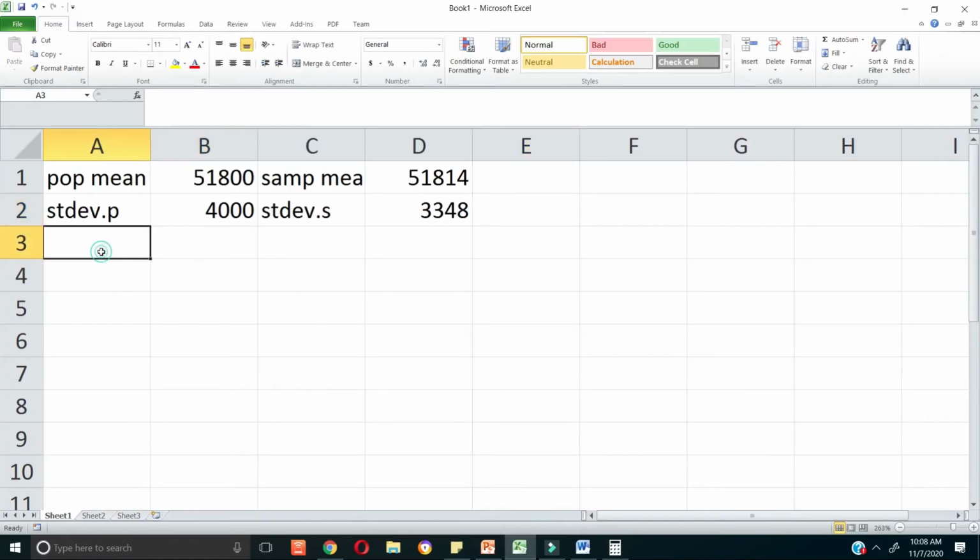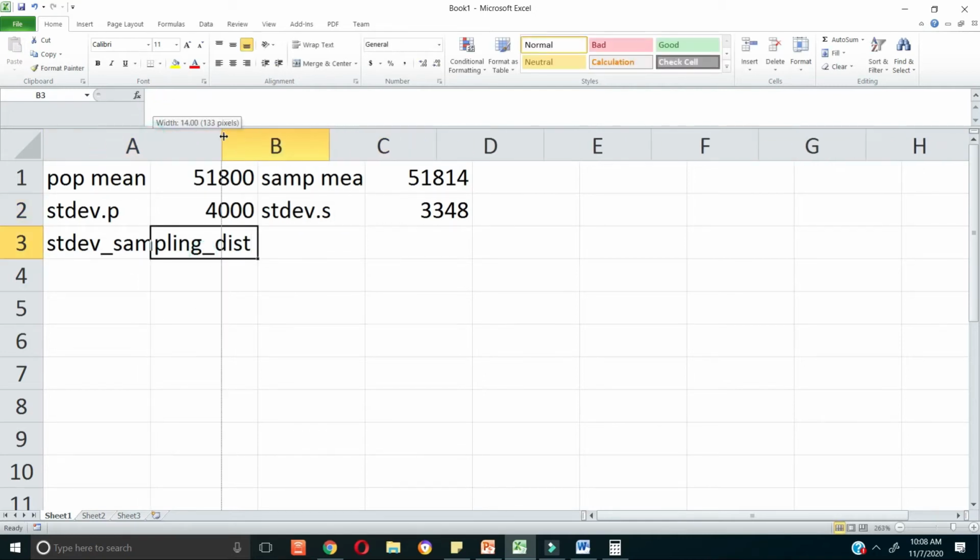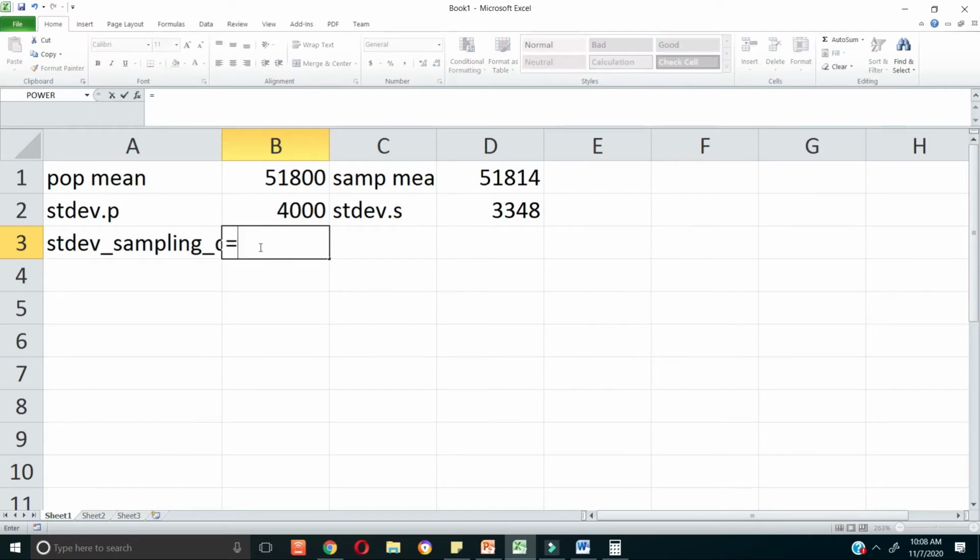So the standard deviation for the sampling distribution is going to be this standard deviation over here divided by the square root of 30, and that will give you 730 as the actual standard deviation.